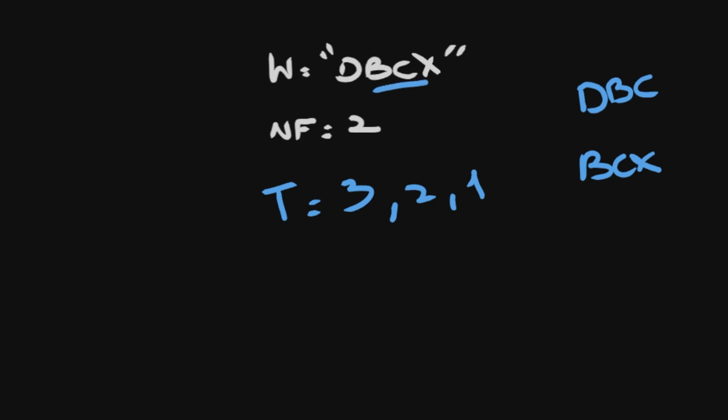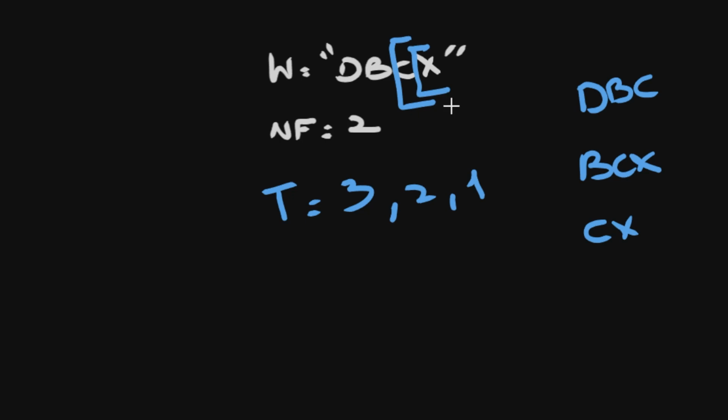We already have the split of 3 from the end, so we have BCX here. Let's say we take this split of 2. So we are taking CX and we put CX here. DBC is still lexicographically larger than CX, but we also need to add the split of 1.